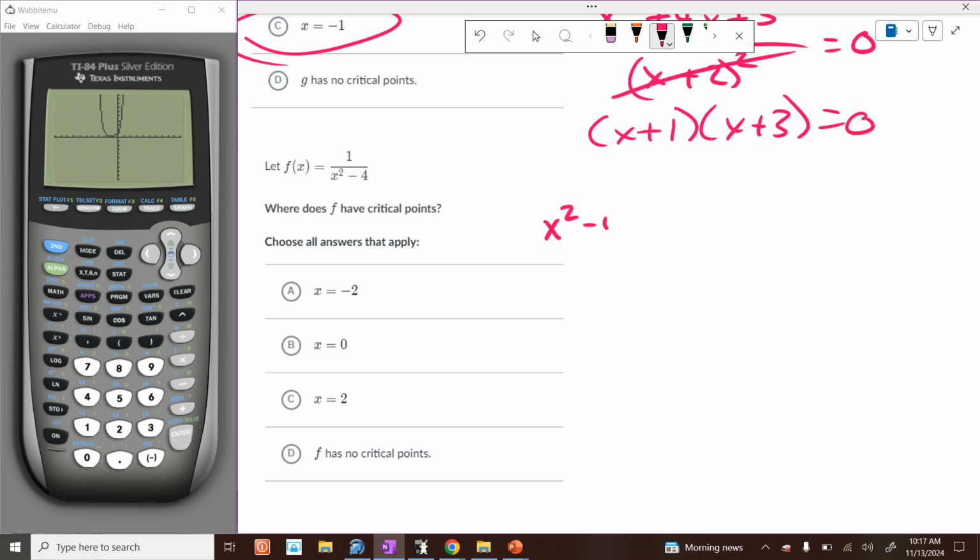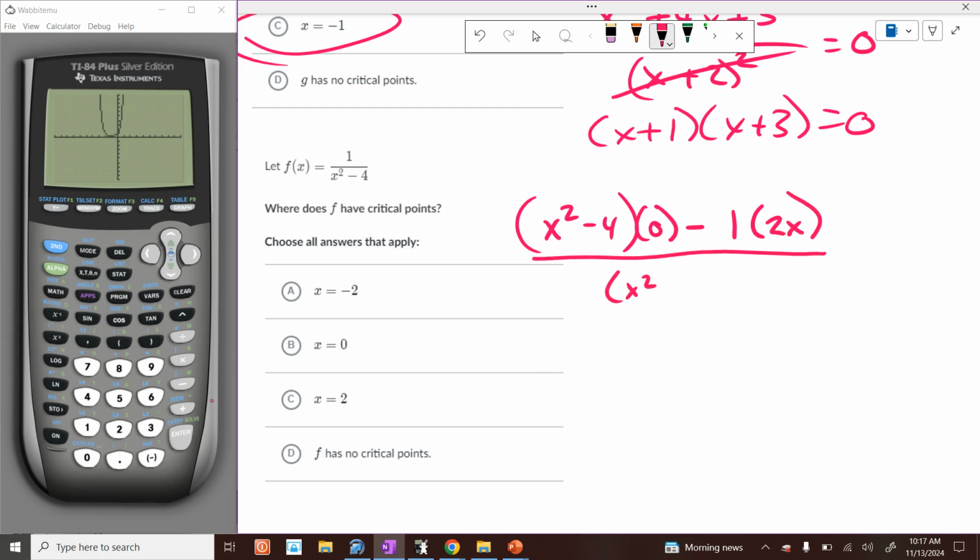X squared minus 4 times, what's the first derivative of 1? 0 minus 1 times 2x all over x squared minus 4 squared equals 0. Well, I just get -2x equals 0 here, right? Because the denominator just multiplies out and cancels. So you get -2x equals 0, so x equals 0.